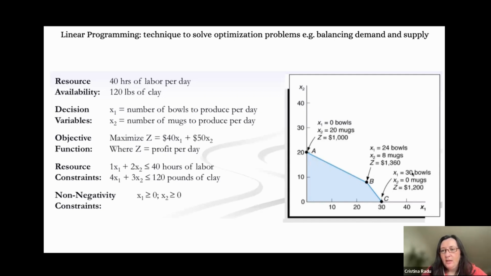At point C, it's 30 bowls, 0 mugs for a profit of 1,200. At this point it's 1,360, and at this point it's 1,000. So even if you have a shape which is full of feasible points, the solution is always in one of the extreme points, and in this case it is point B. And this is the solution.